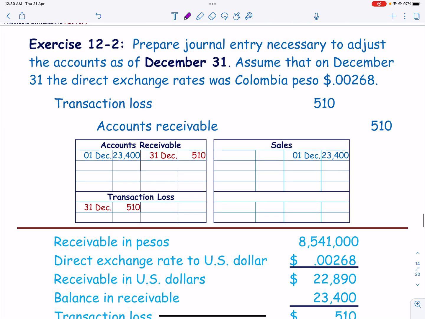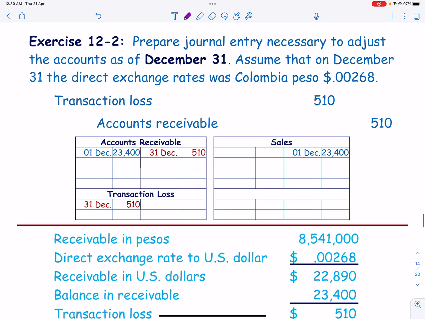Then prepare the journal entry necessary to adjust the account as of December 31. So this was in the previous transaction, December 10. So now assume that on December 31st, the direct exchange rate was Colombian peso 0.00268.